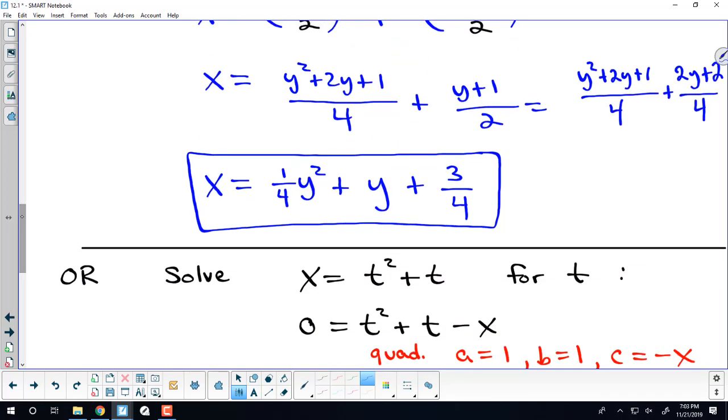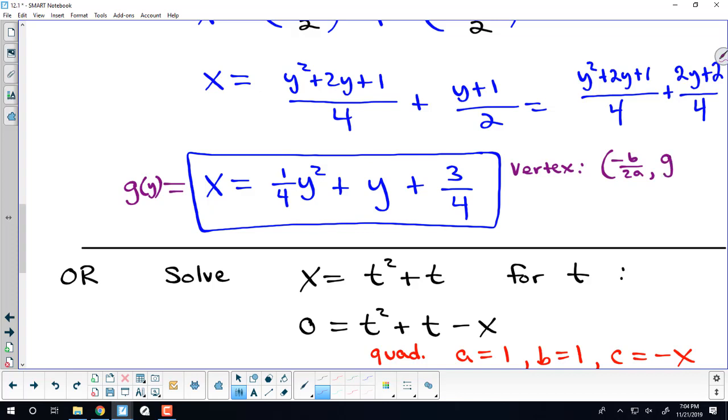So with this expression here that we had for x, we could find the vertex. We just do the negative b over 2a. And evaluate, I don't know what we're going to call this, x. Just for our notation here, call it g of y.